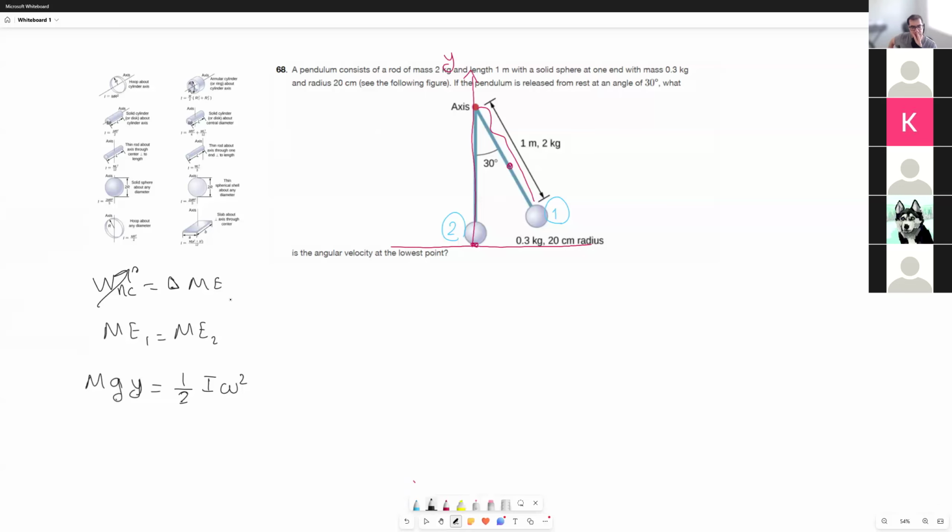Where is the center of mass? And I want to find out its height, right?